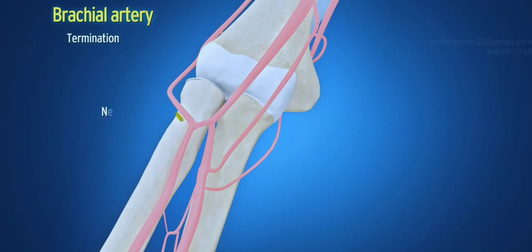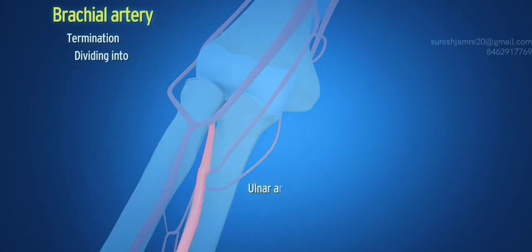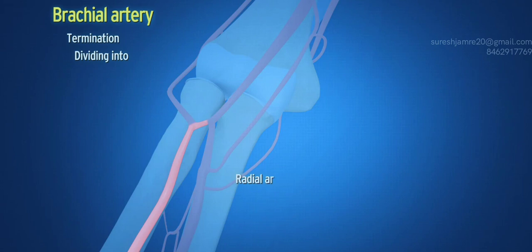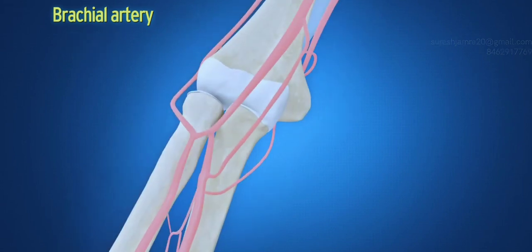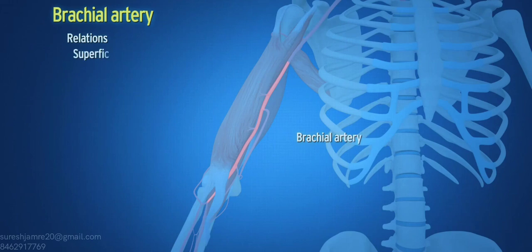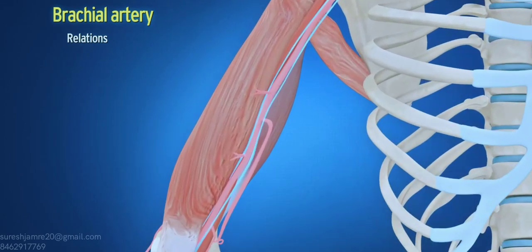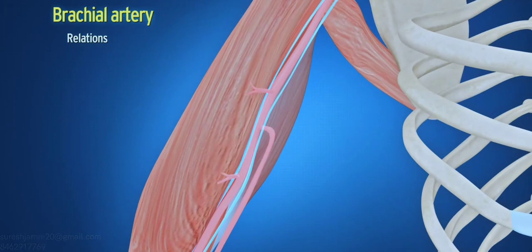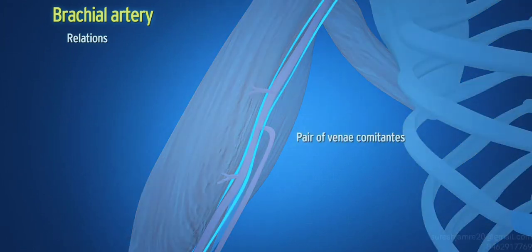It terminates at the level of the neck of radius by dividing into ulnar and radial artery. Relations. Brachial artery is superficial throughout its extent. It is accompanied by a pair of venae comitantes.